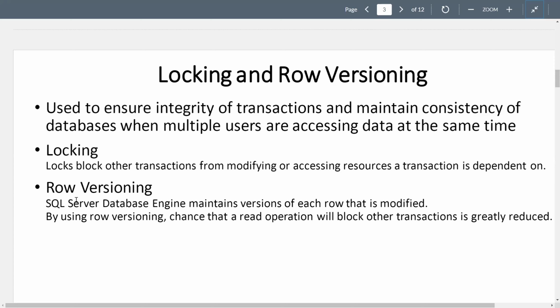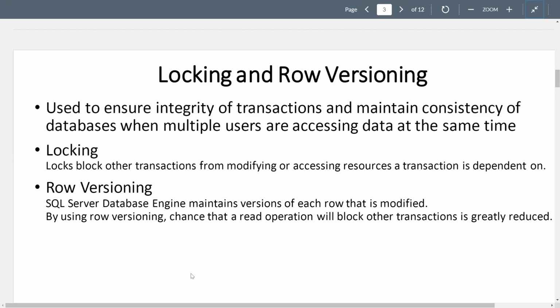Row versioning simply means the database engine will take a copy of the data. We call that copy a snapshot. We'll take a snapshot of the data. And when the data is being changed, if there is a read operation, the read operations can read the snapshot.